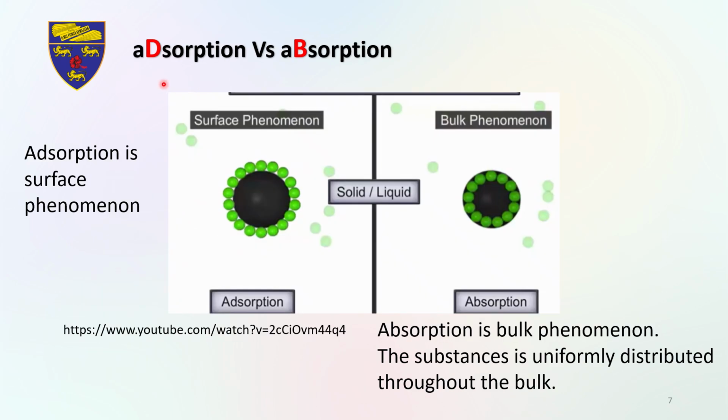It is important not to confuse adsorption with absorption. Adsorption is strictly a surface phenomenon. Conversely, absorption is a bulk phenomenon, where the substance is uniformly distributed throughout the entire volume of the material.